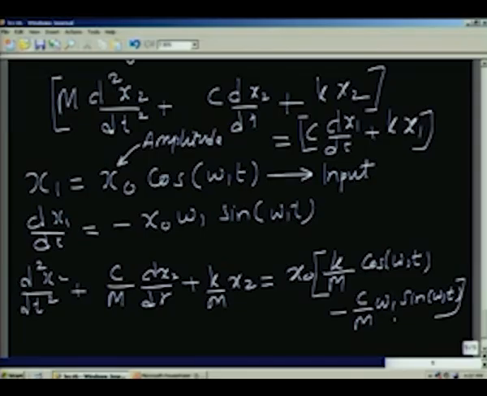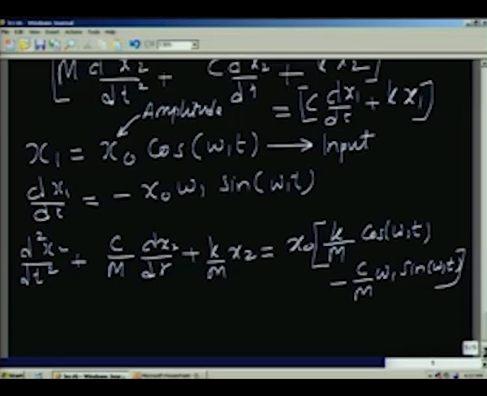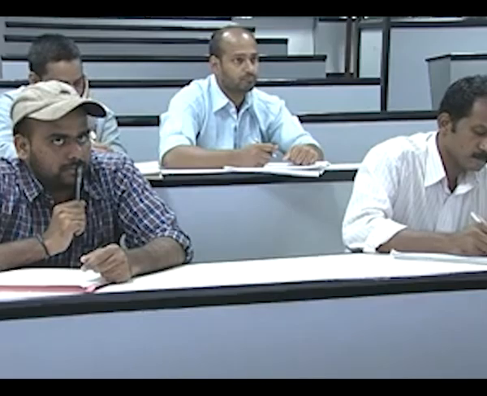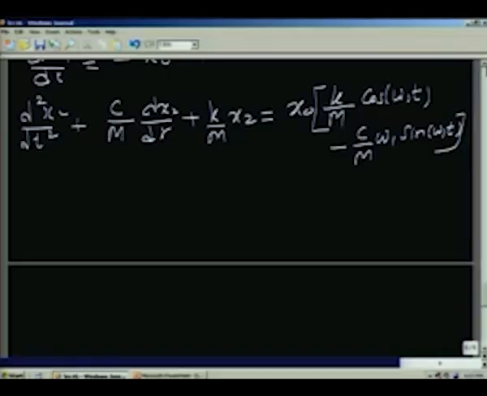So, this is the equation whose solution is required if you want to find out what is the response of the system. In fact, the response consists of two parts. As you already know, any differential equation has got a complementary function and a particular integral, and the complementary function in this case will give rise to a damped oscillation which is transient.